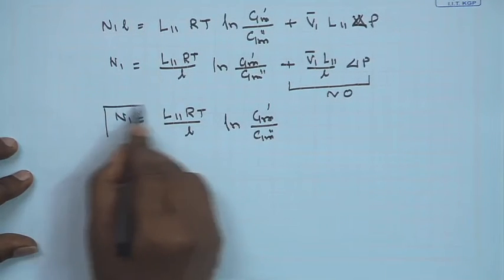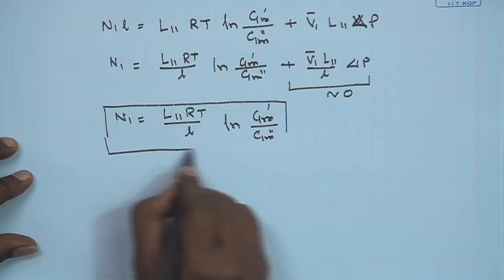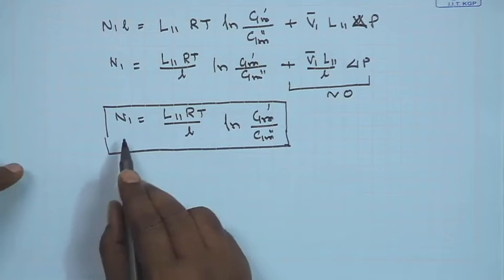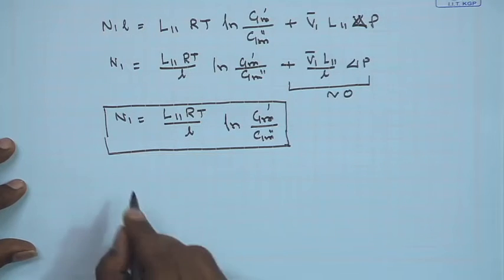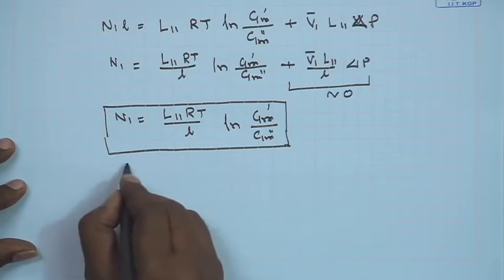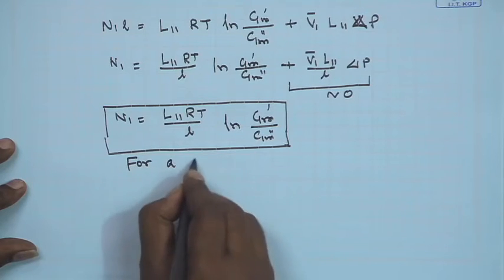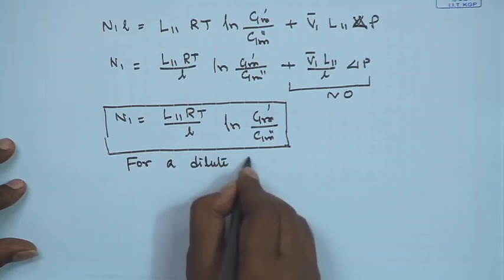This is the expression of solute flux, and again it has a unit of moles per meter square per unit time. Now, this can be further simplified for a dilute permeate stream.